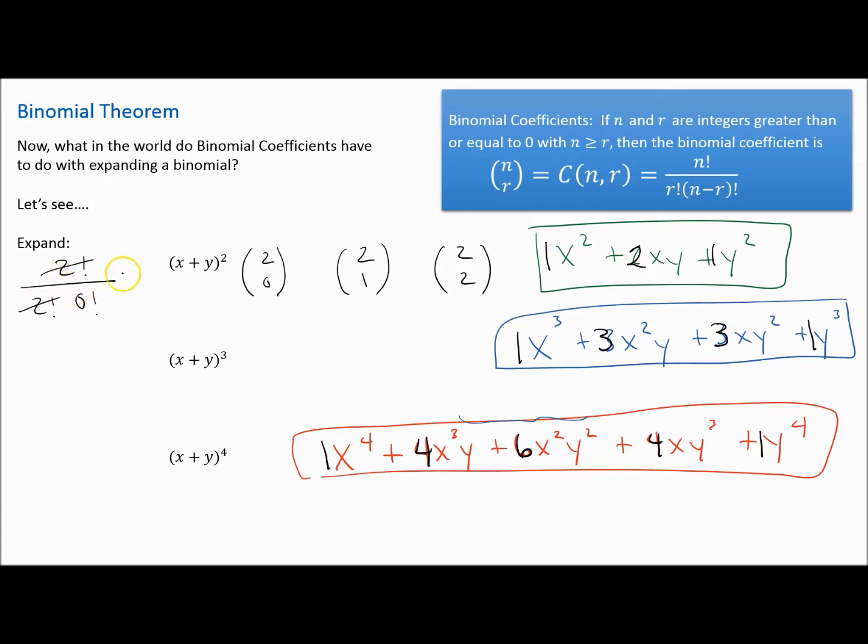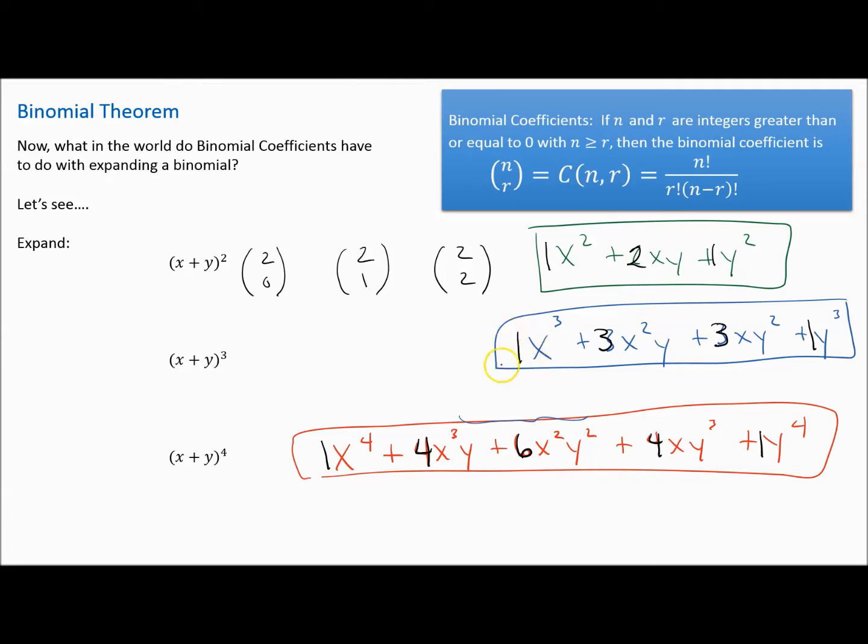These two cancel each other out to leave you a 1 on top. 0 factorial, by definition, is just 1, so that gives us that 1. So those are my coefficients: 2 choose 0, 2 choose 1, 2 choose 2. I haven't yet told you where the 2's and the 0's and the 1's come from yet. Just hang tight, okay? You may have your idea already.